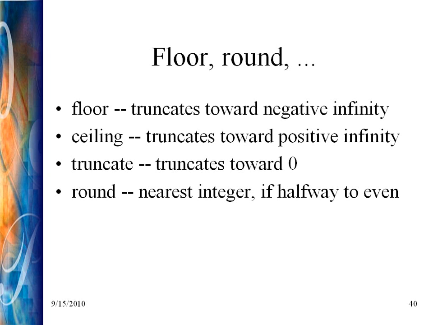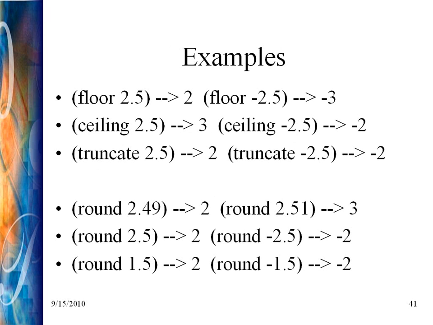Truncate goes towards 0. In other words, it takes the floor of positive numbers and the ceiling of negative numbers. And round truncates to the nearest integer. So round of 0.9 is 1, and round of 0.5 goes to the even number, which is 0, etc. And here are some examples.